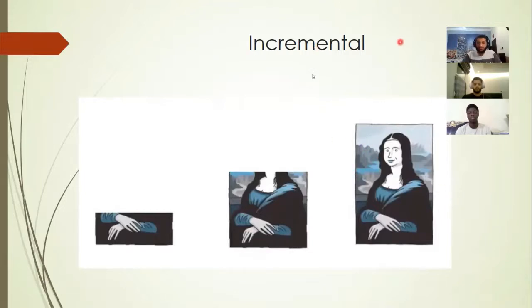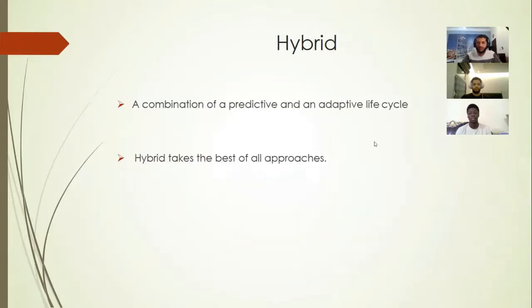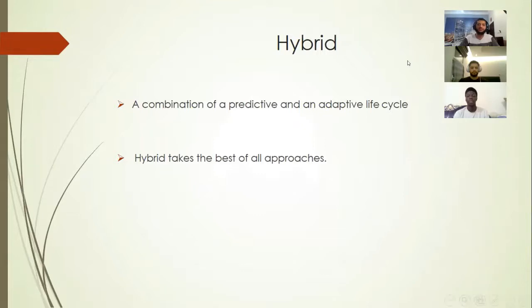So let's go to our final approach, which is the hybrid approach, and by its name, it is a combination of the predictive and adaptive approach. And as a manager, you need to see what your project really wants, or what is the best approach that you have.